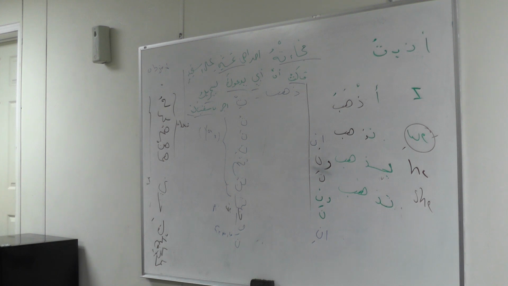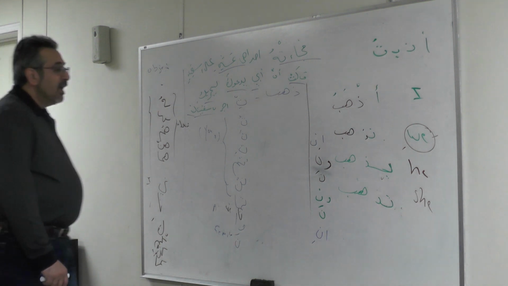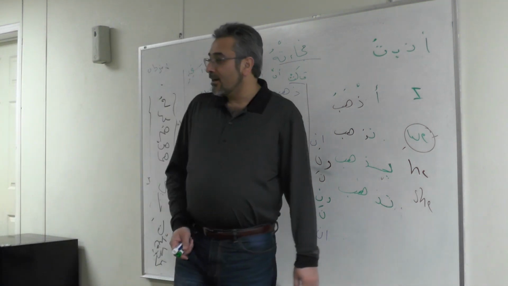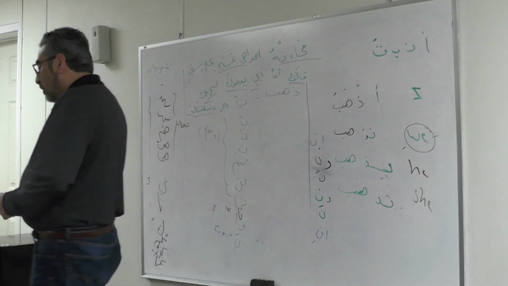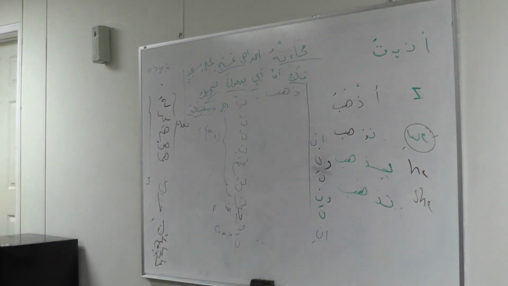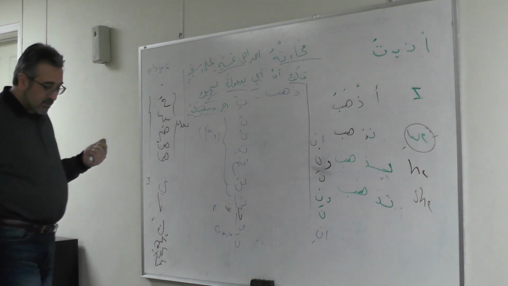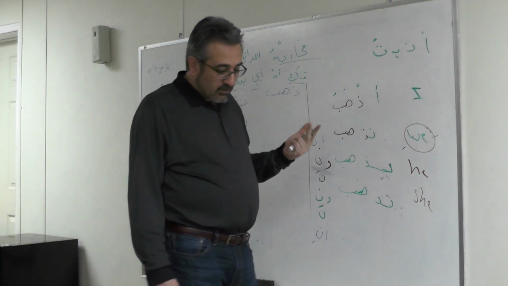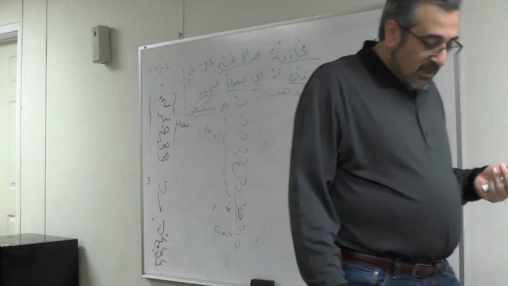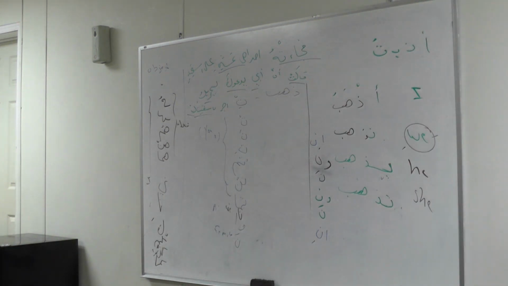Is it 25? Yeah, 25. Alright, I am going to start with you. Find the first highlighted word and tell me what the verb is, who the subject is, who the object is, and whether it's past or present.